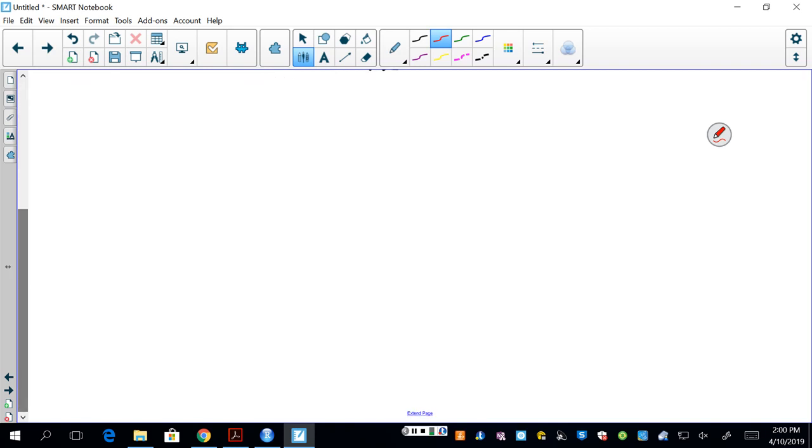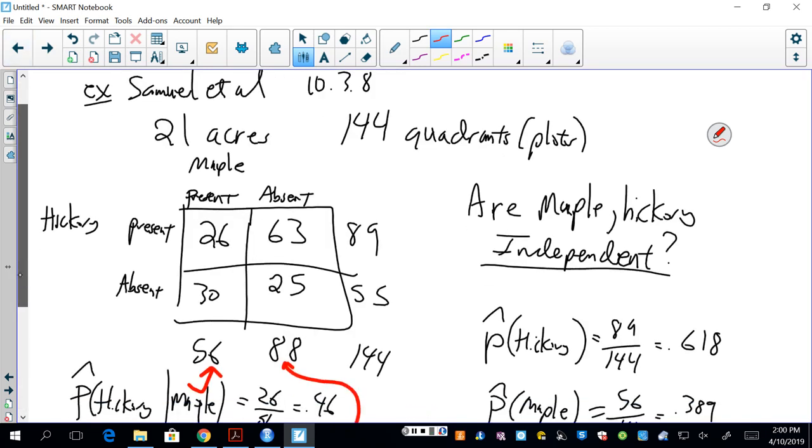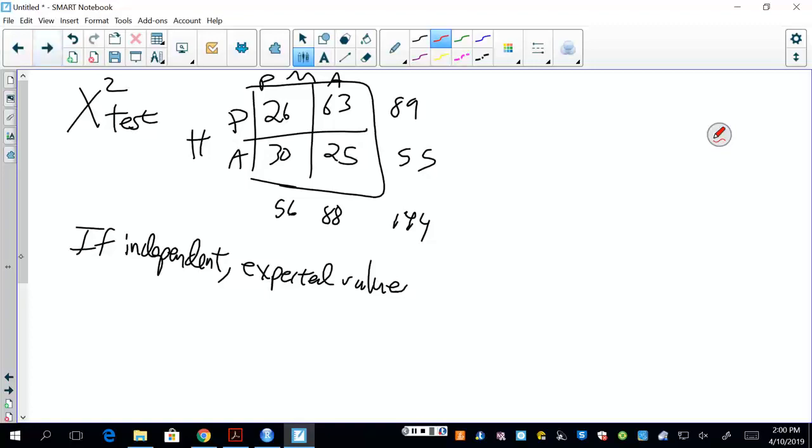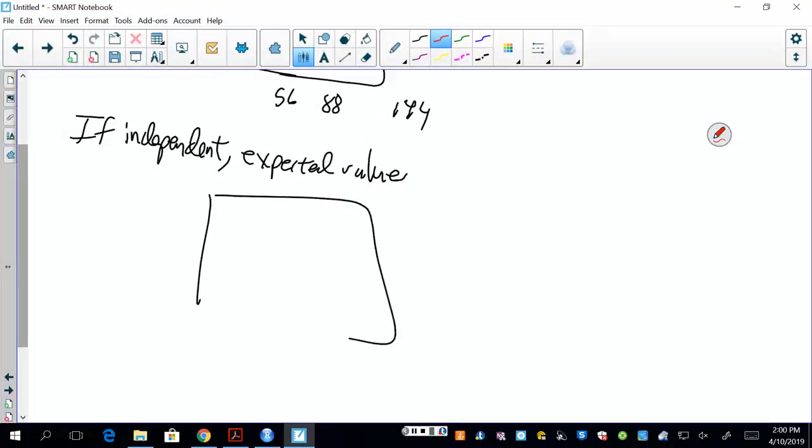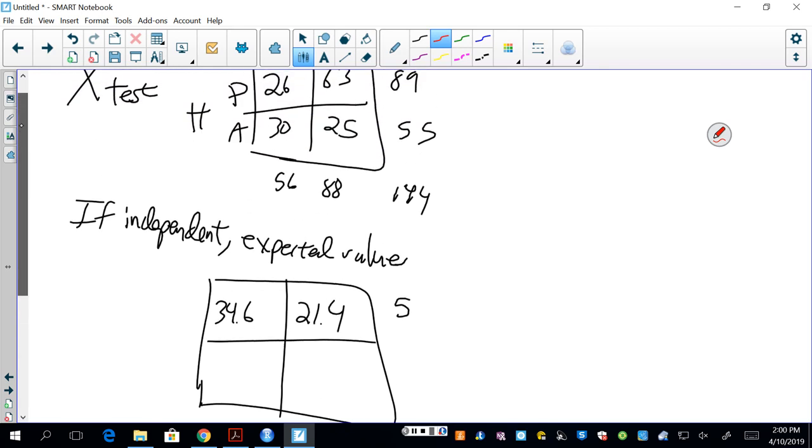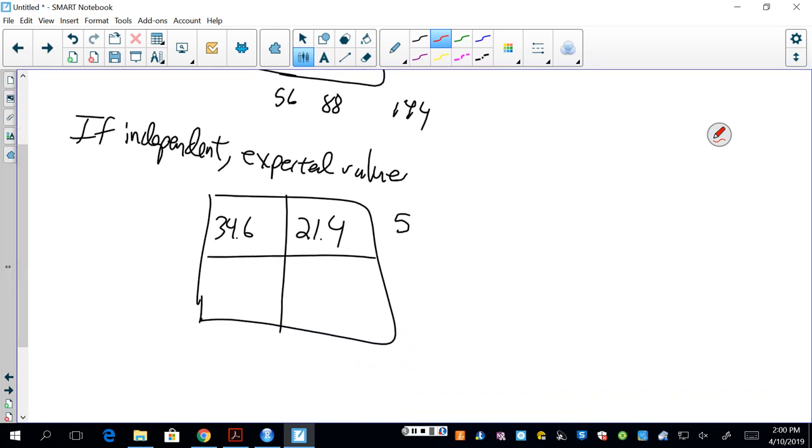Well, the expected values turn out to be, let's calculate them. The expected values end up being 34.6, 21.4, and then 21.4 down here, I guess. 33.6, and this one reversed, 54.4.